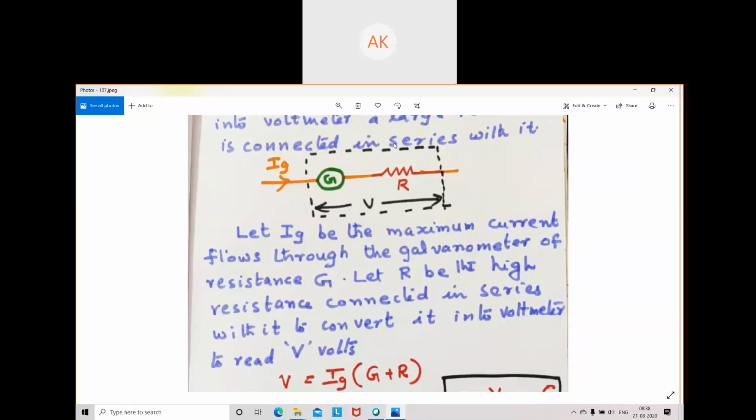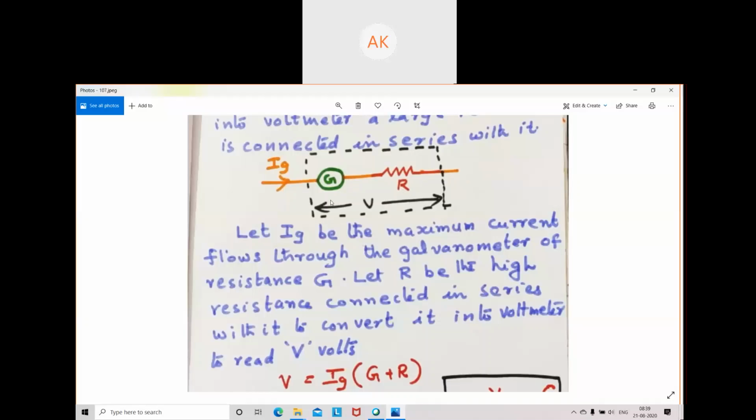Because this is a single system now. They are not separate. We have connected the resistance in series with the galvanometer. Both of them together are making it a voltmeter. So don't consider them as separate. This is a single system now. It is converted into a voltmeter now. So it measures the voltage across its ends.